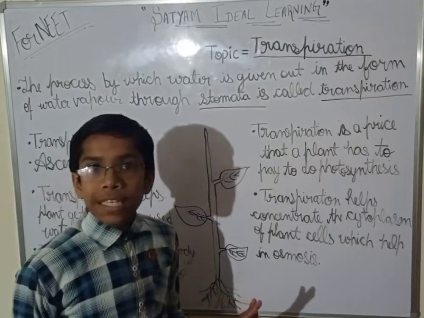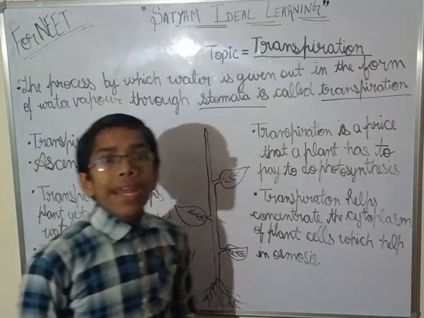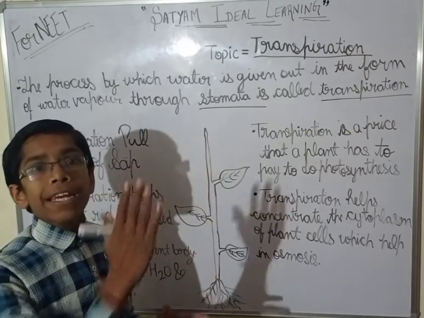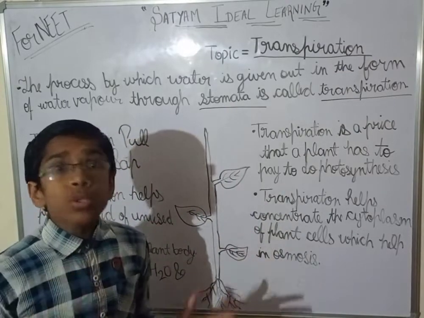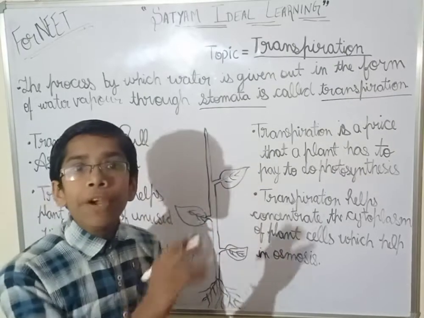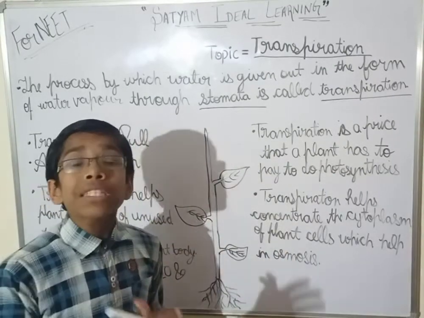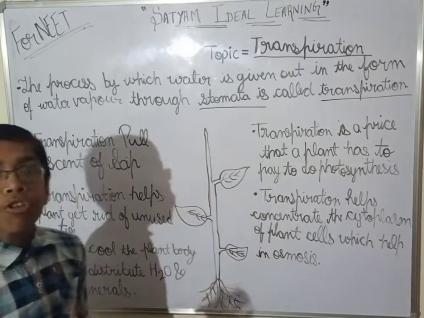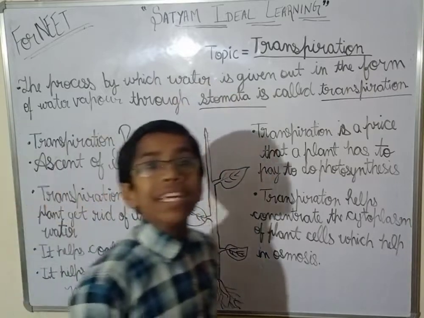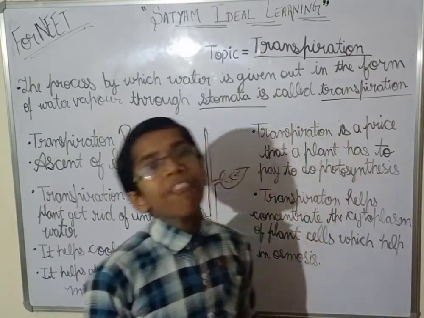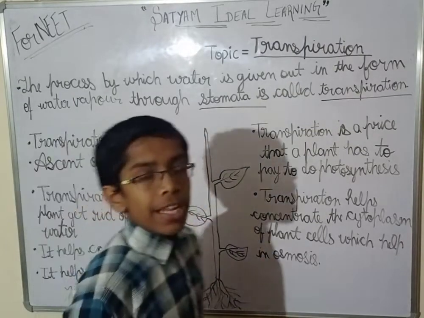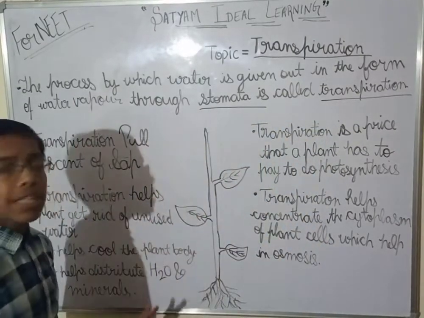Now, the absorbed water and minerals will go upward to different parts of the body through xylem, and this movement is influenced by two kinds of processes. One is transpiration and the other is root pressure. I will make another video on root pressure, so don't worry.